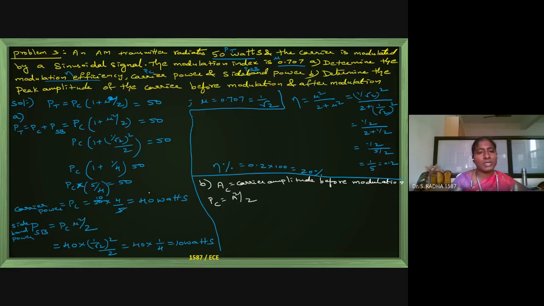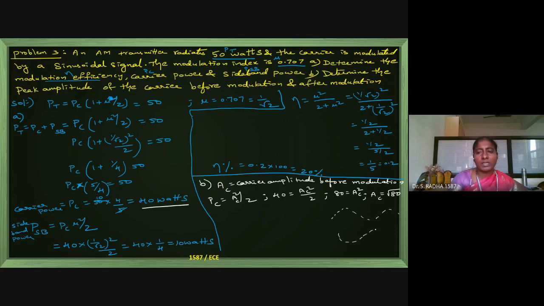We calculated the carrier power as 40 watts, so 40 equals AC square by 2. Then AC square is 80, and AC equals square root of 80, with volts as the unit. This is before modulation.